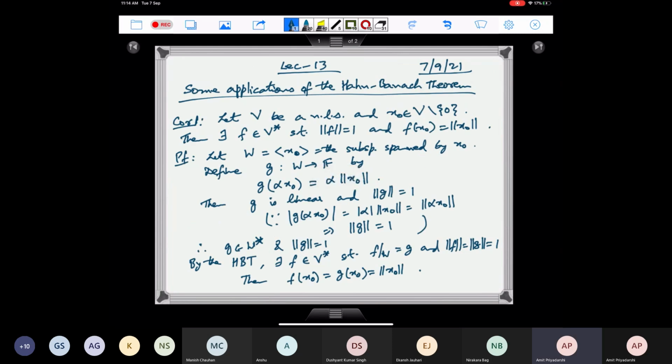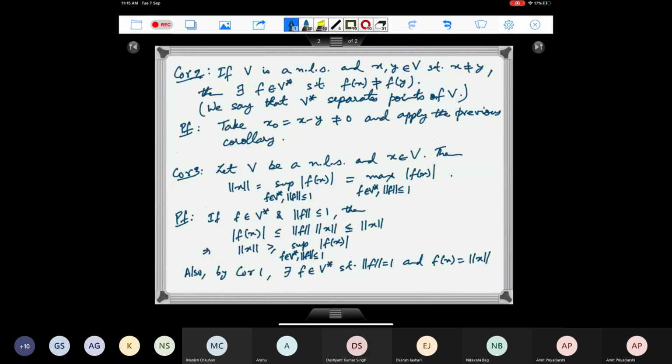The corollary 1 says this is true if x is non-zero. So if x is equal to 0, then of course both sides are equal to 0. So we can assume that x is non-zero.